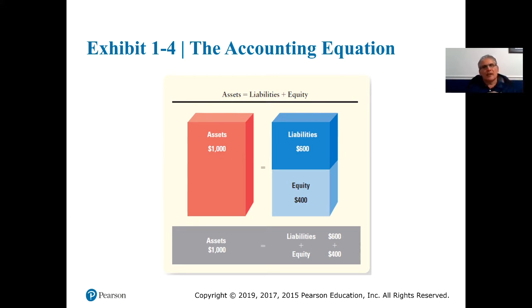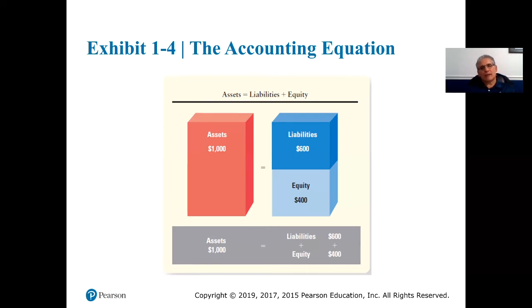Even though risk management uses that term, for accounting purposes, that is not a liability. A liability is when you owe money or a service to another entity or another individual, something that you owe, debt, okay?